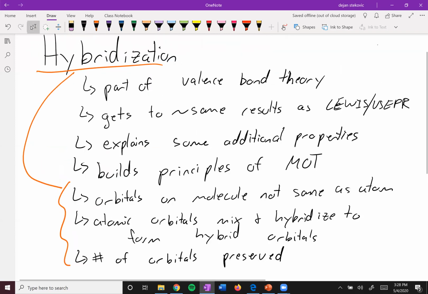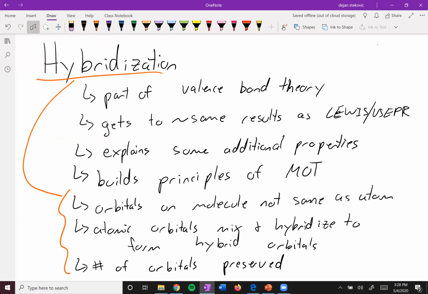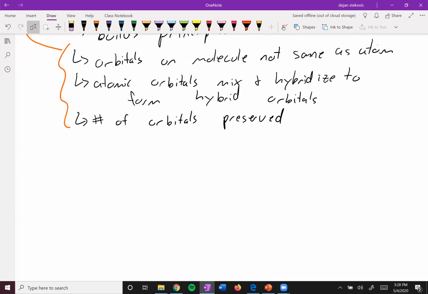So one thing you need to know with hybridization is be able to identify the hybridization on an atom. What is the hybridization of its orbitals? And it's actually really easy. To find hybridization, all we do is count the number of things attached.